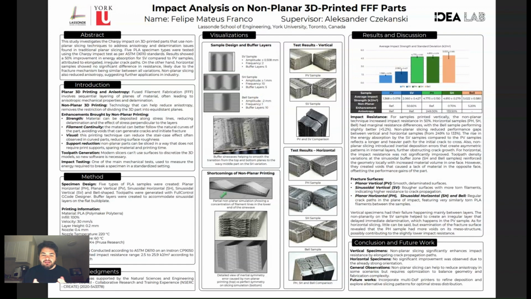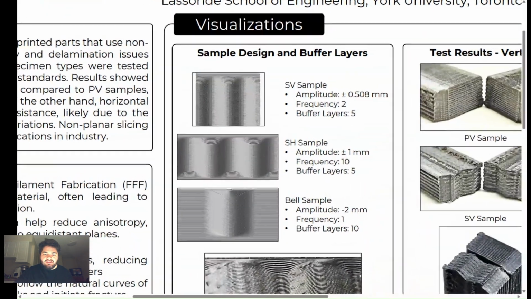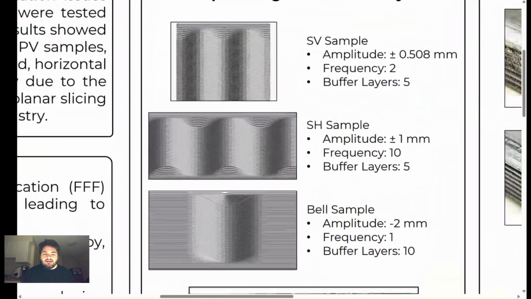So we introduce the tests here with non-planar 3D printed parts. The idea is to compare planar and non-planar. Here we have a vertical specimen with sinusoidal layers, and also one with planar layers.